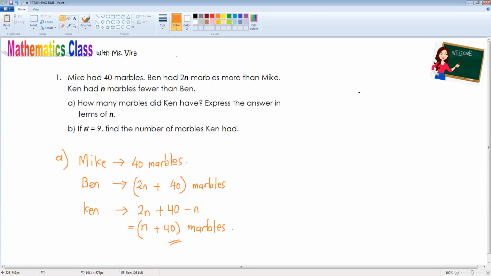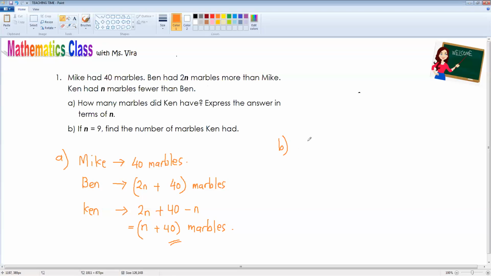Now question B, if n is equal to 9, find the number of marbles Ken had. So we don't have to look at how many marbles Ben had, but right away we can just write Ken, because here we know Ken had n plus 40 marbles.